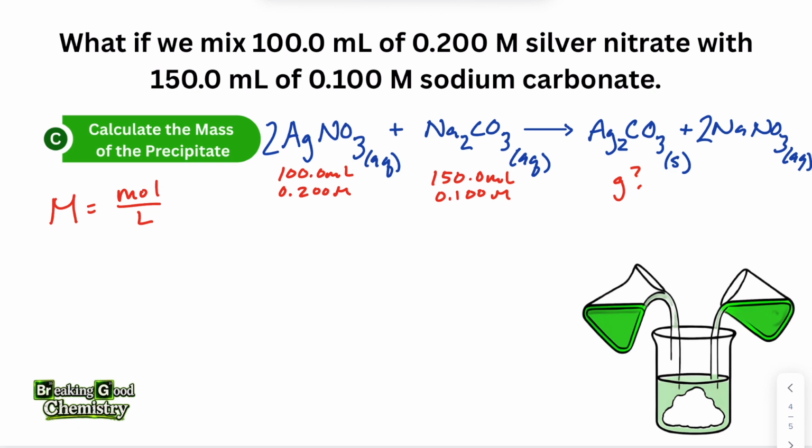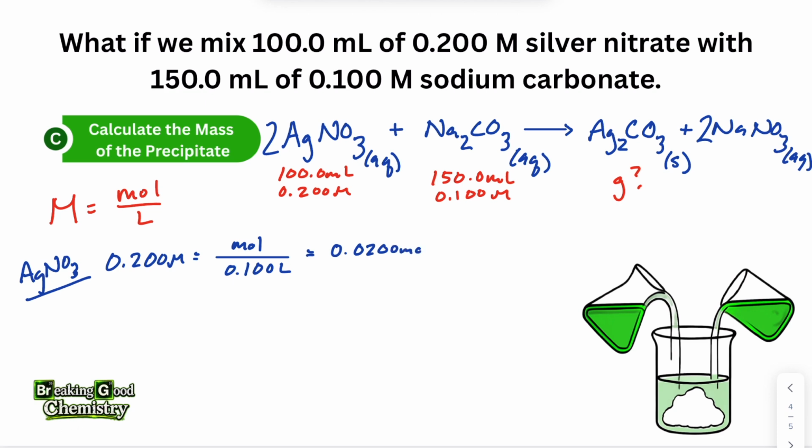Okay, so we're going to kind of try to keep this organized. So I'm going to talk about this in terms of the entire compound. So here's my silver nitrate. So I have 0.2, and I know that this can be set up in a couple different ways, but this way I never make a mistake on maybe where I'm setting this up. So 100 milliliters is now 0.1 liters. Now I have moles, so 0.1 times 0.2 is 0.02.